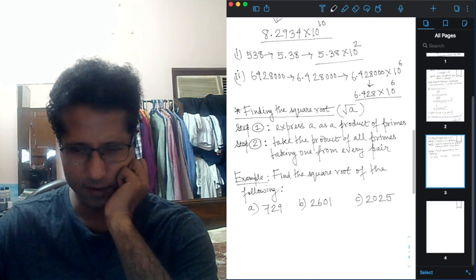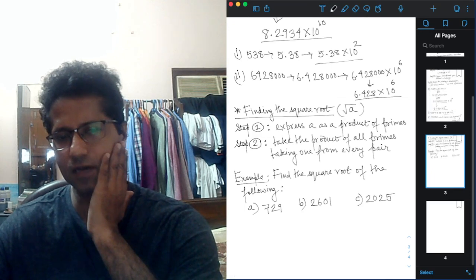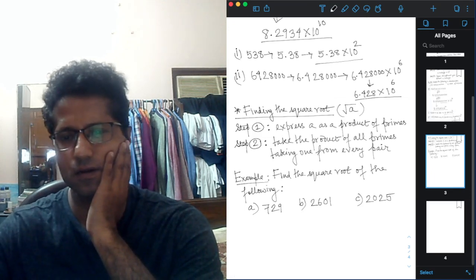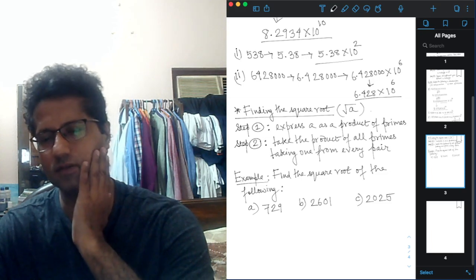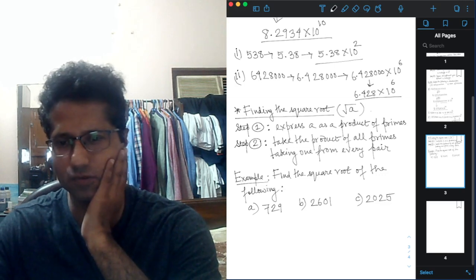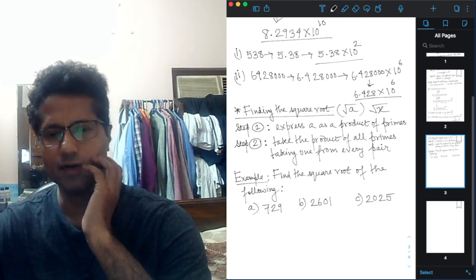now how do we find the square root of a large number? If a is a large number, this is how we write the square root of a. If x is a number, the square root of x is written with this symbol, known as the square root symbol. So there are 2 steps.